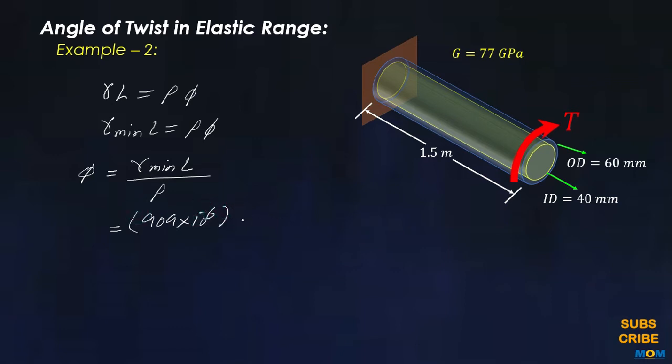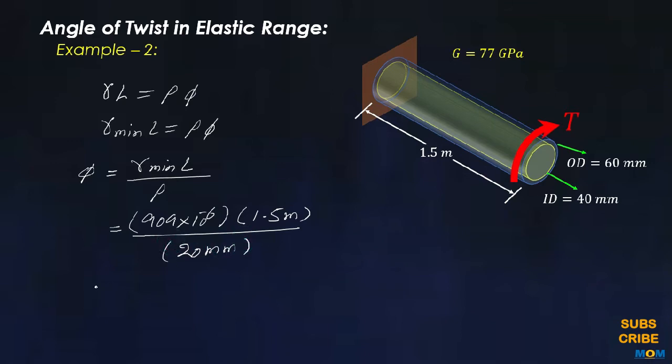The length of the shaft, that is 1.5 meter, and the rho, that would be the inner radius of the shaft. Since the inner diameter is 40 millimeter, the inner radius of the shaft is going to be 20 millimeter.